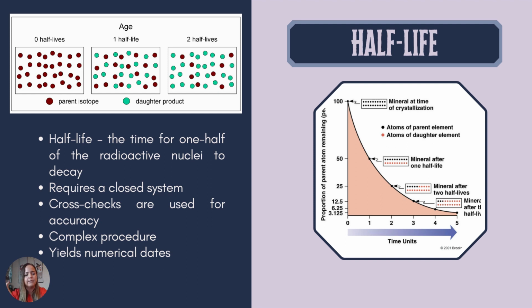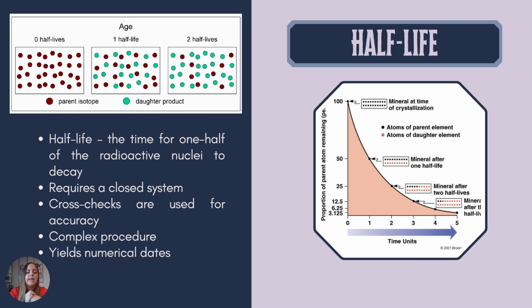After 1 half-life, we've lost 50% of those parent atoms to daughter product, so now it's 50-50 in the sample. After 2 half-lives, we've lost an additional 50% of the parent atoms, so now we're at 25% parent and 75% daughter. The diagram explains that visually: at time 0 with no half-lives, we have 100% parent at the top, and as you move towards more half-lives, you can see that it asymptotically approaches 0.